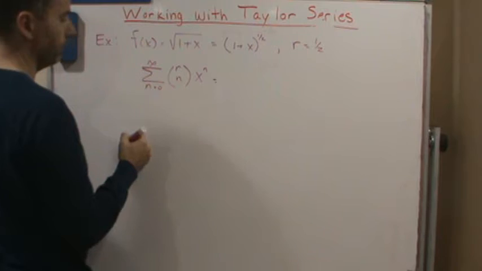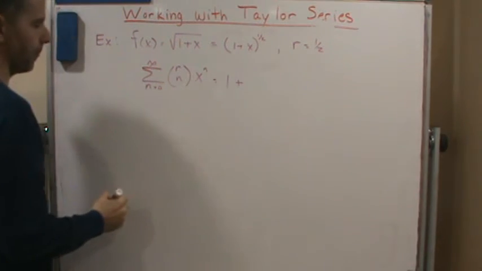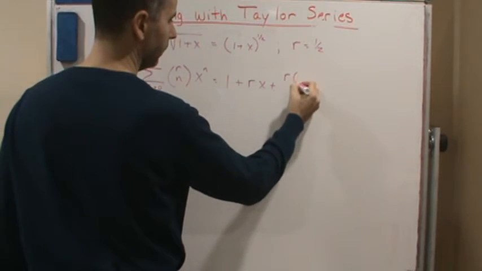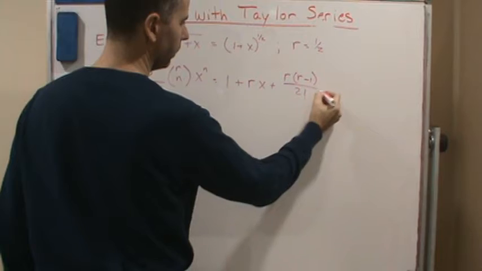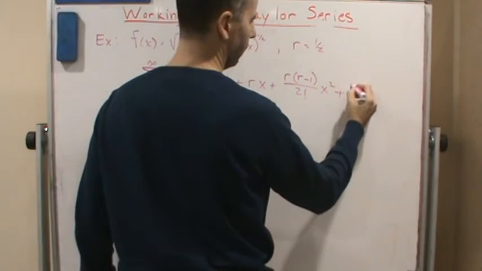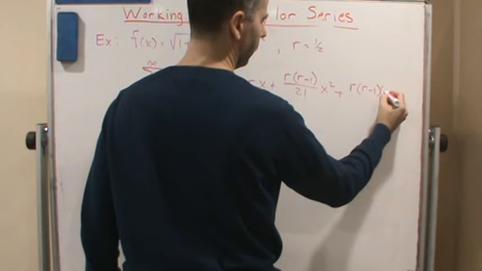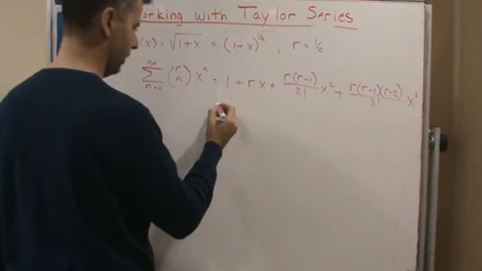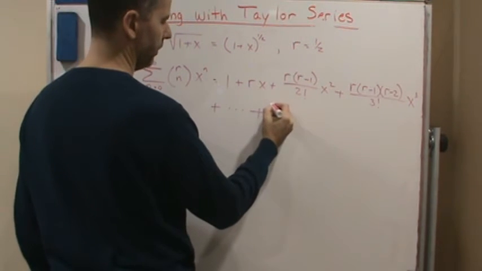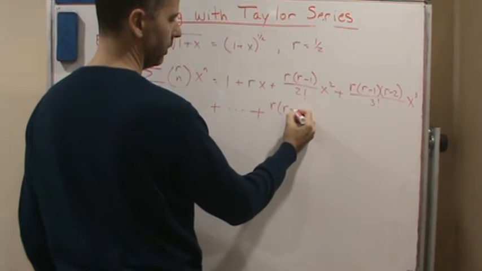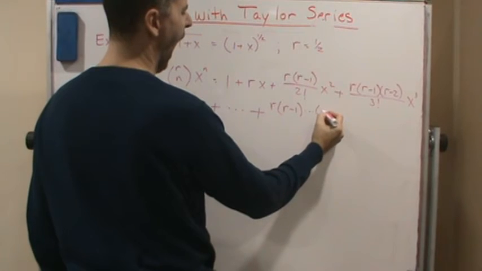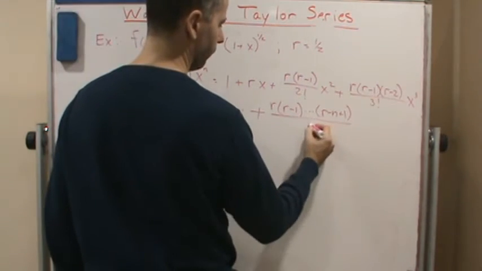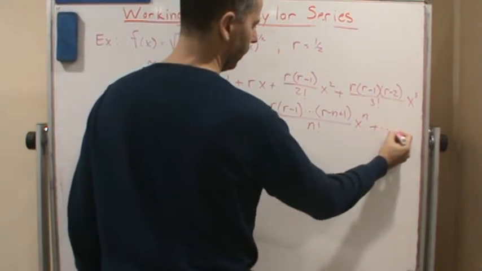We start with 1 plus rx plus r times r minus 1 over 2 factorial x squared plus r times r minus 1 times r minus 2 over 3 factorial x cubed plus dot dot dot plus, of course, r times r minus 1 all the way to r minus n plus 1 over n factorial times x to the n, and it keeps going on like that.